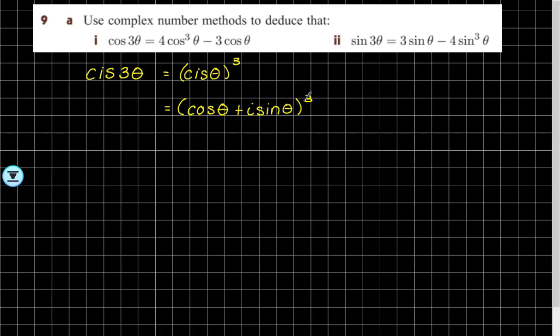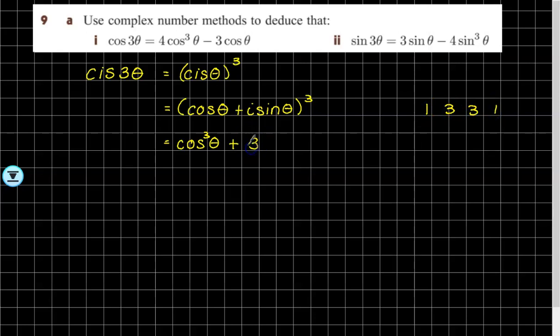We get a little bit excited, flashbacks to lovely times when we have to use what to expand that bracket? Pascal! My fave. All right, so that becomes cos cubed theta plus, who would like to take over? 1, 3, 3. Good.